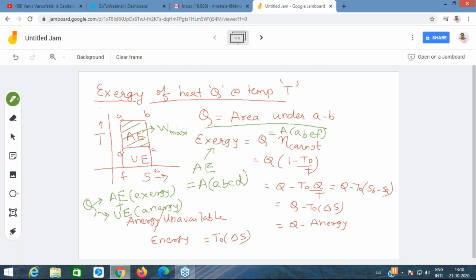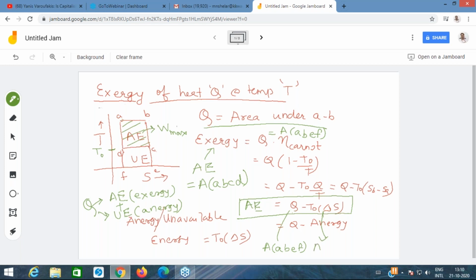And the area under the dead state temperature line, suppose the dead state temperature is T0, so the area under T0 is the unavailable energy. So the exergy equation, or the available energy equation, becomes like this: AE is equal to heat Q, which is nothing but the area ABEF, minus T0 delta S. Area T0 delta S is what?